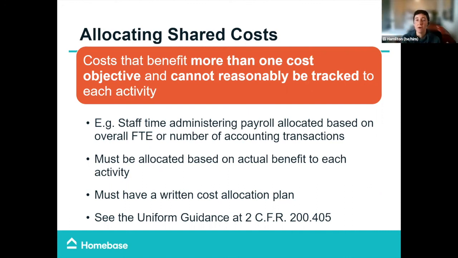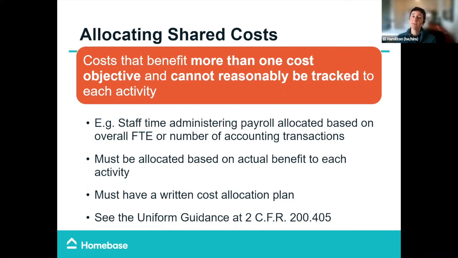So if you have a cost that for you is a single cost, but it benefits more than one grant or more than one project, then you have to find a way to allocate it. And there's a lot of rules that HUD lays out about how that has to happen. Generally it's the uniform guidance that applies to all federal grants.